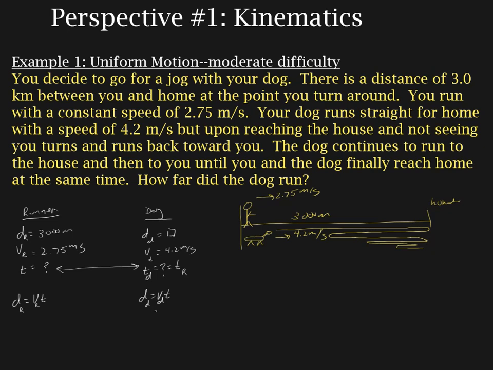Okay, now when solving a problem, you always want to start with the equation that is going to give you what you're looking for. In this case, we're looking for the displacement, or I'm sorry, the distance of the dog. And that means I'm going to start with this equation over here, and everything I do from here on out is meant to embellish and fill in this equation.